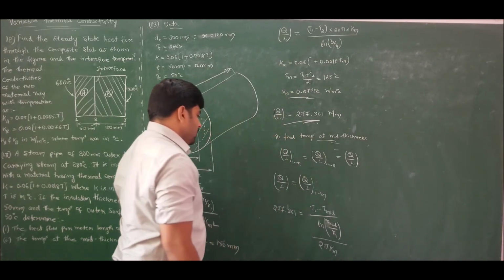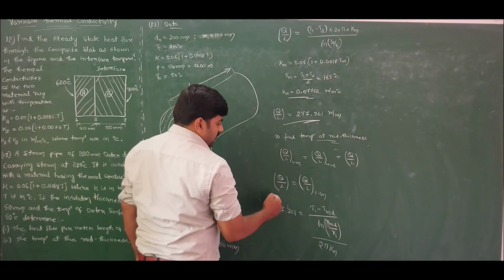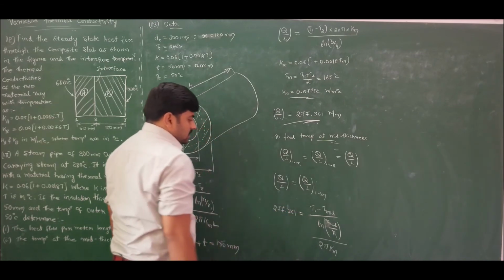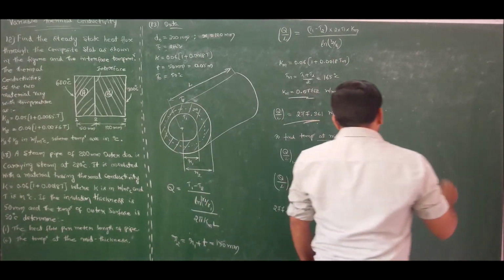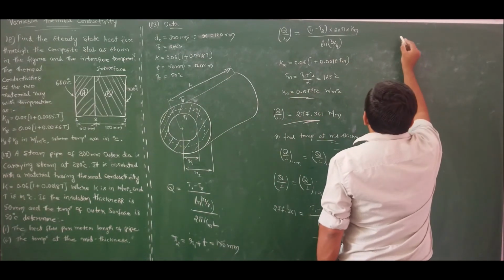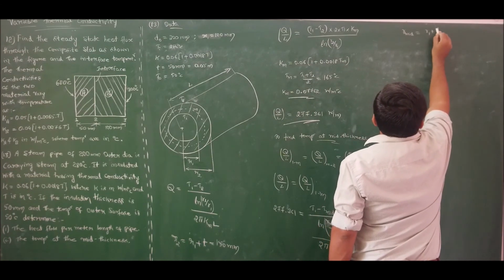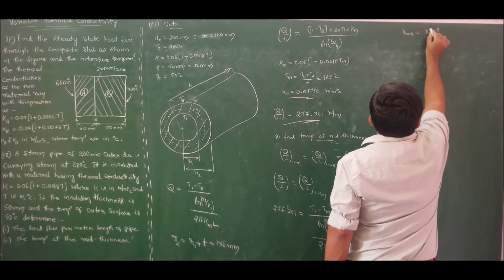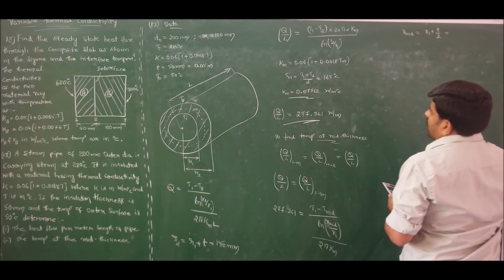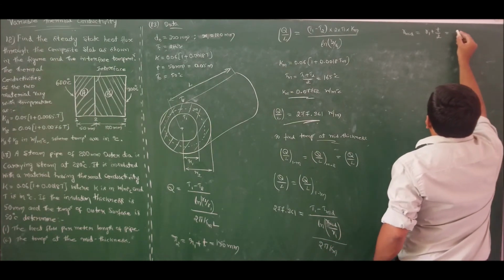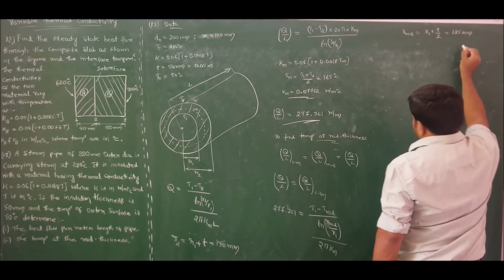I cannot take L because we have already taken L to the left hand side and we call it as per meter length. Now the unknown is R mid. So radius at mid thickness is R1 plus thickness by 2, which is R1 is 100, thickness is 50, 50 by 2 is 25, therefore it is 125 millimeters.